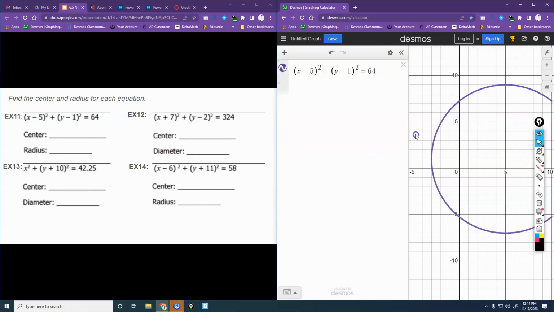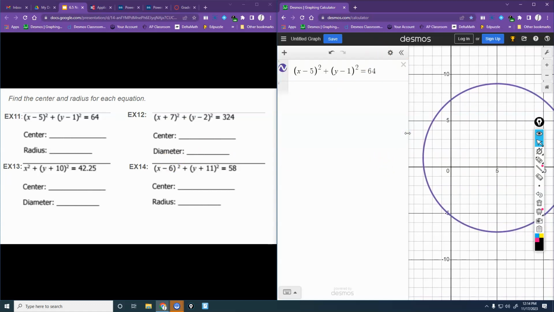So for this one, Miles, what should the center of number 11 be? If we've got x minus 5 squared plus y minus 1 squared equals 64, what should the center of that be? Good.